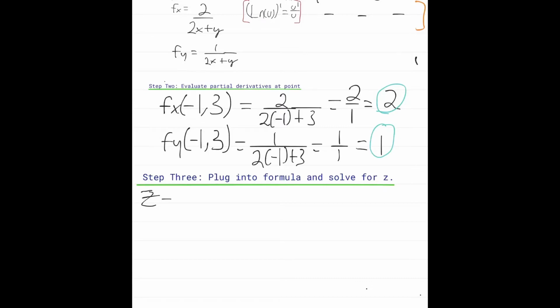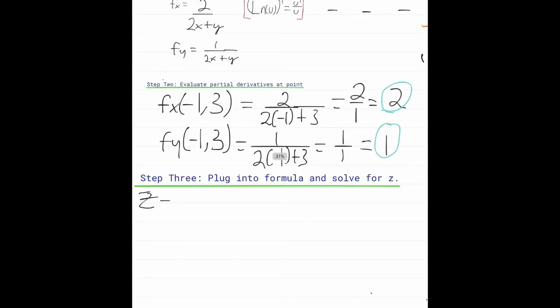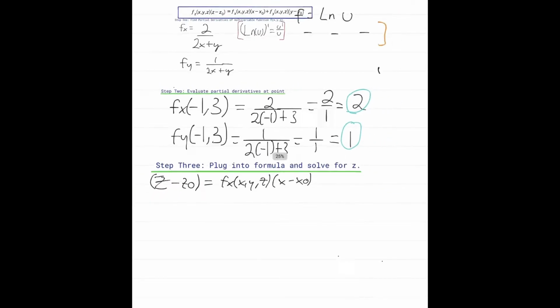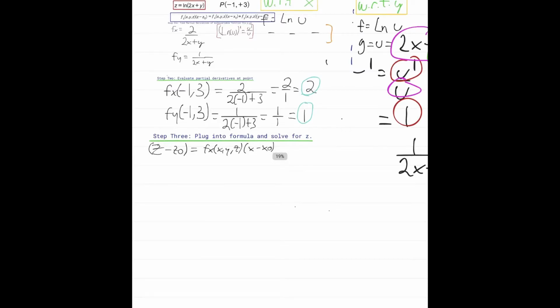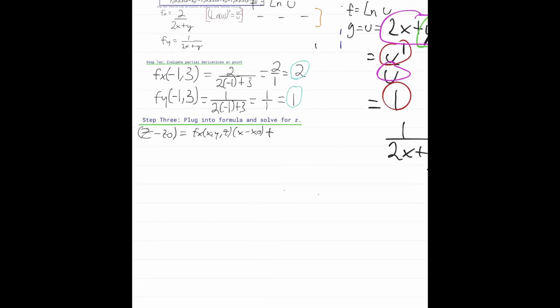So z is equal to the formula z minus z naught. There is no z point. The z is 0. So it's z minus 0, so it's just z, equal to f of x at the point times x minus x naught, plus f of y at the point times y minus y naught.